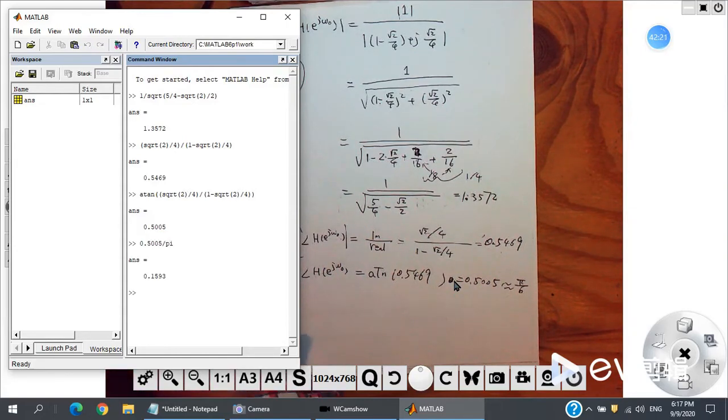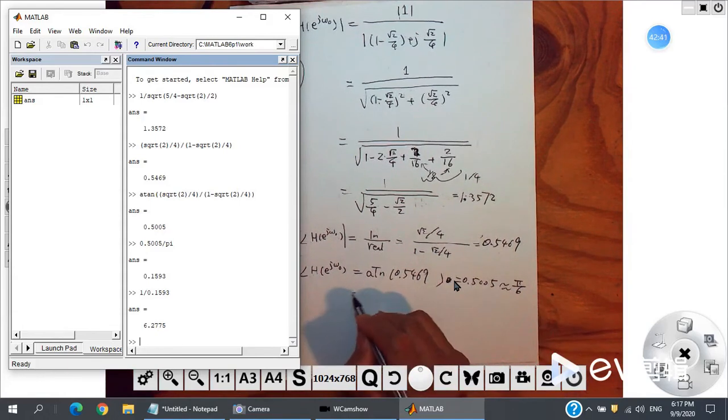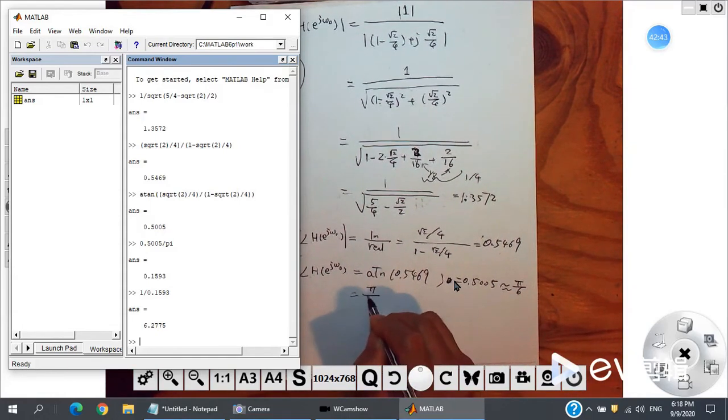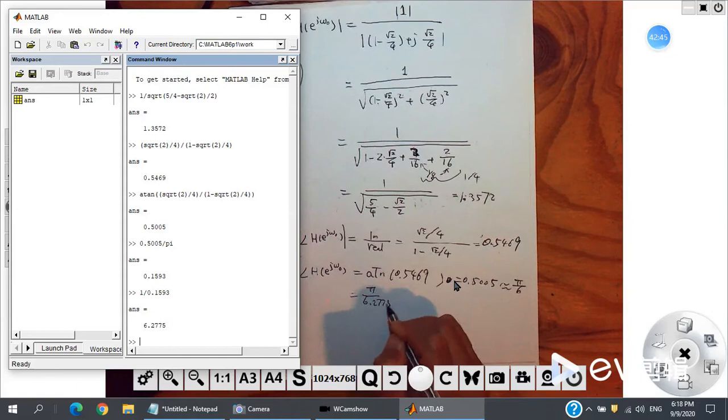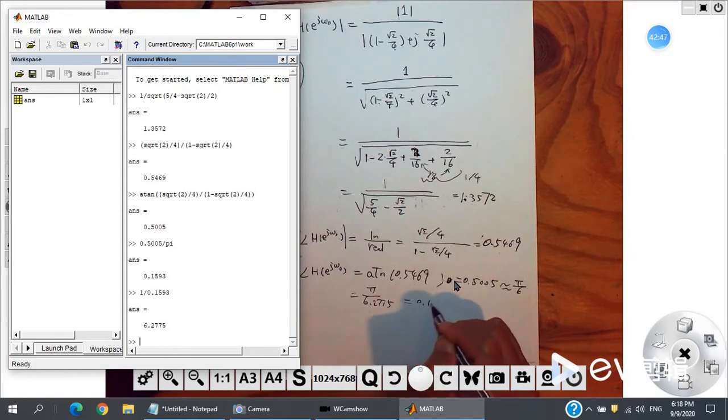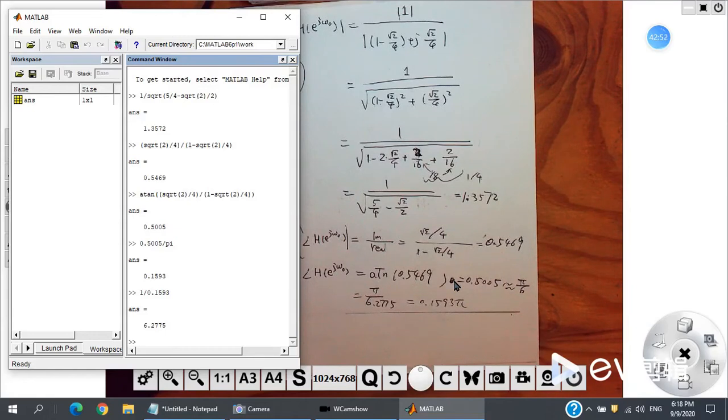It is 0.1593. Going the reverse way, it is pi over 6.2775, or 0.1593 pi, things like that. So we have the angle.